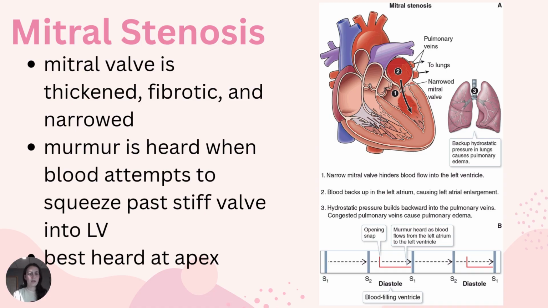It must have been atrial disorders, something like that. If there's any sort of backup from your left atrium, you're going to have some pulmonary edema. If there's backup in your right atrium, you're going to have peripheral edema because it can't take the blood. So it all connects, I promise, somehow it does connect.